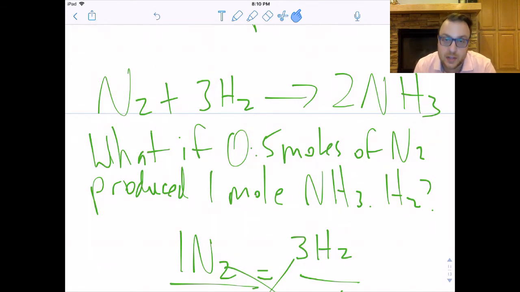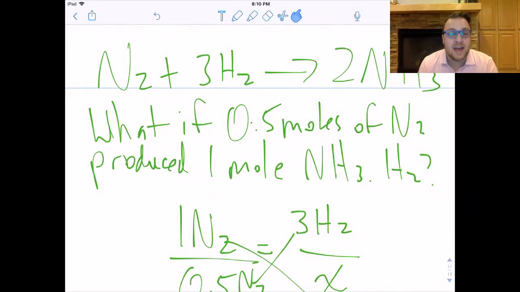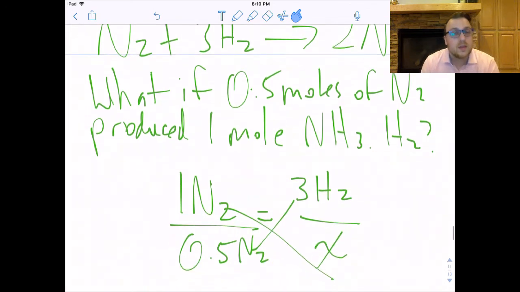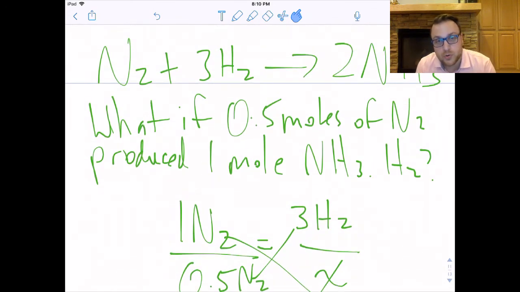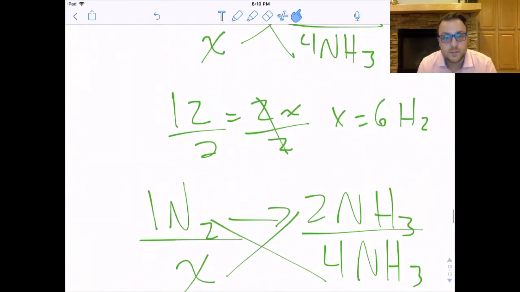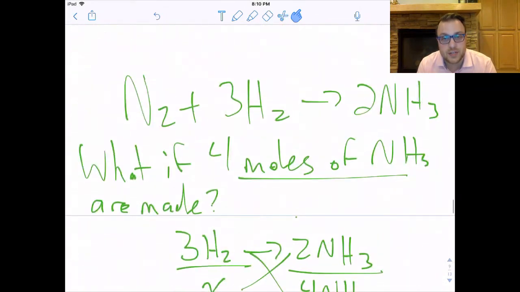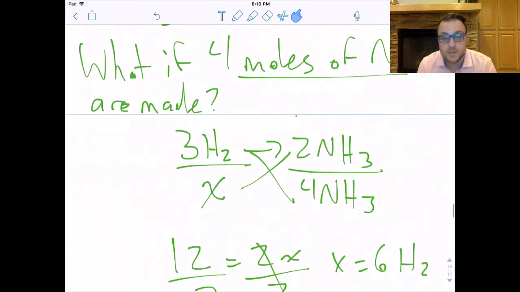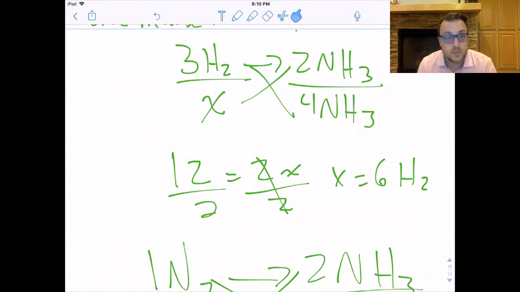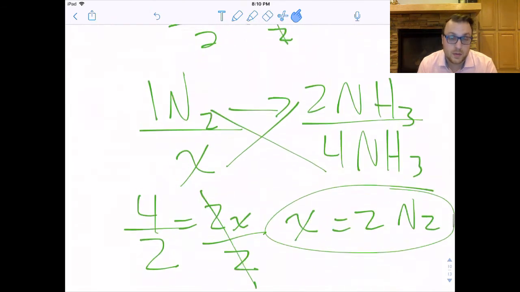It will always be going from moles to moles. And if you just use the balanced equation, set up a proportion, cross multiply and divide, you're pretty much guaranteed to get it right unless you make a silly algebra mistake. And it happens, but take your time.